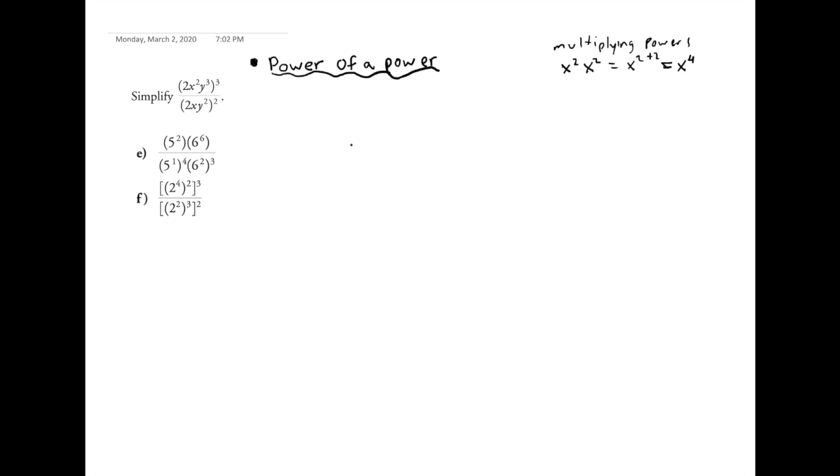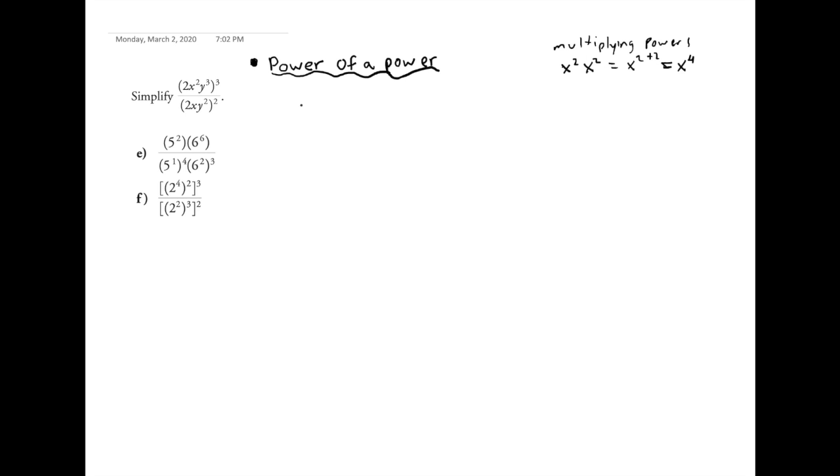But when it comes to this example and examples similar to it, you're going to have to distribute the exponent within the bracket. I'll show you exactly how to do that with this first example.